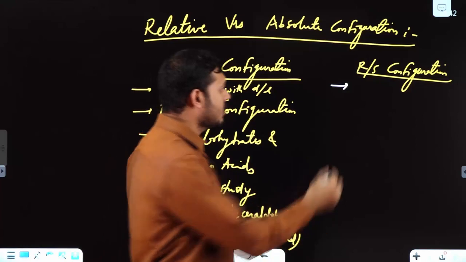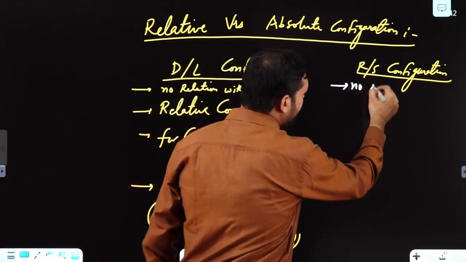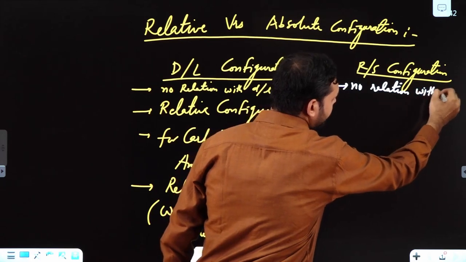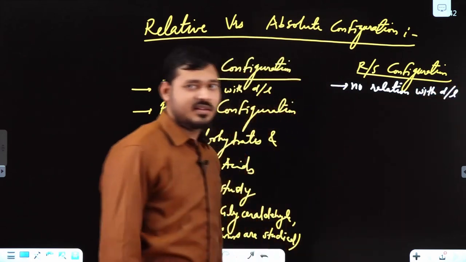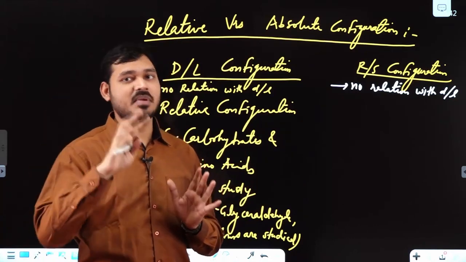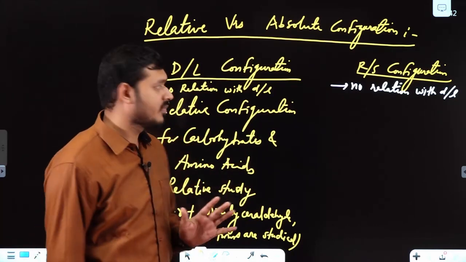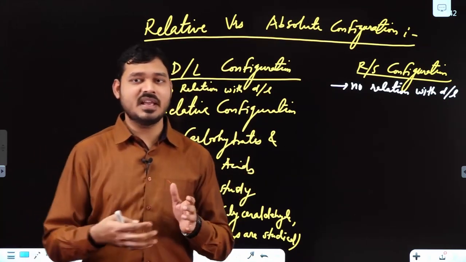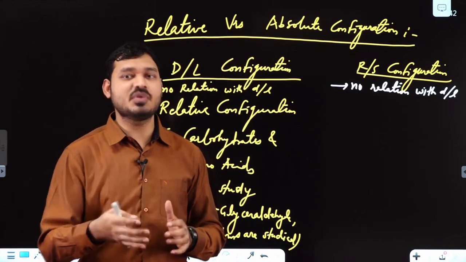So it has no relation with DL, right? An R configuration may be small d or small l, it may be dextro or levo. Relative configuration, yes. Now why do we say RS configuration is an absolute configuration?